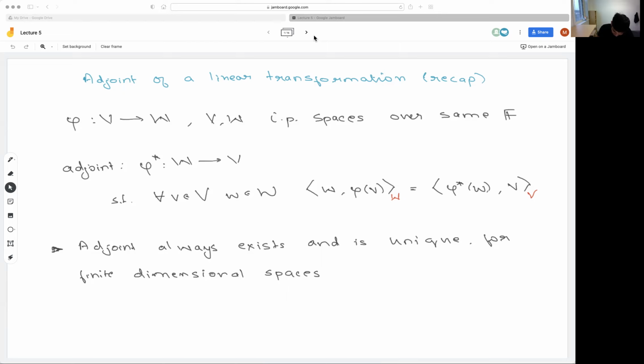So if you have, let's say, a matrix A, with m rows and n columns, you can also think of A as a linear transformation mapping the space with dimension given by the number of columns to the space with dimension given by the number of rows.